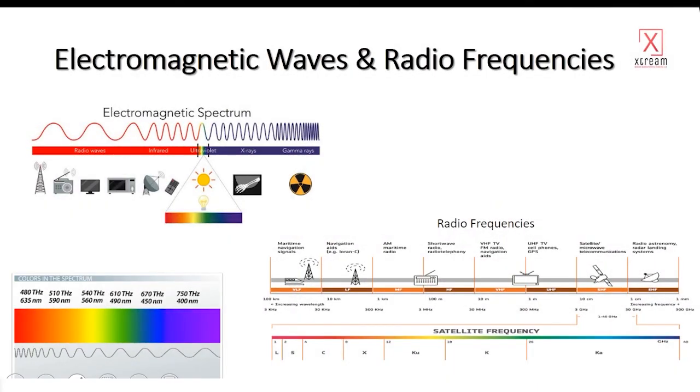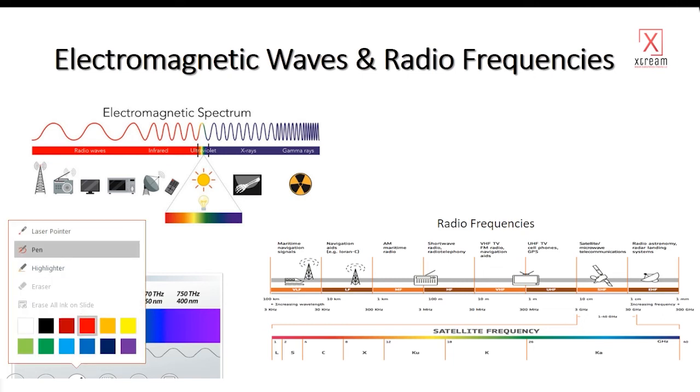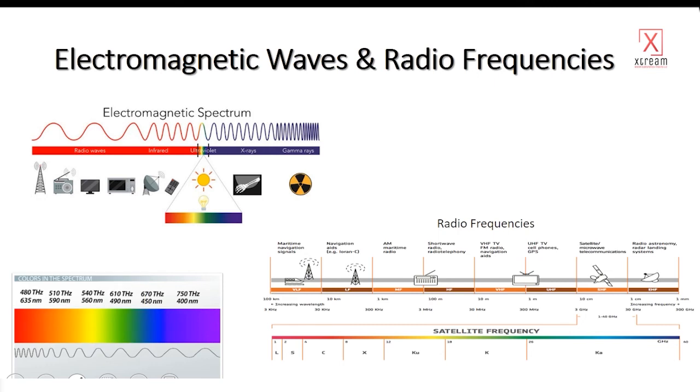Now we have three figures over here. You can see the electromagnetic spectrum, the radio frequencies, and we have a very short range of visible light over here. So let's say we have a complete electromagnetic spectrum. Let's say this is our figure number 1.